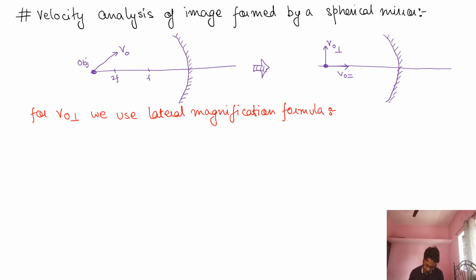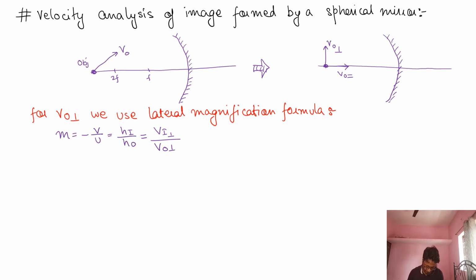So what does the lateral magnification formula say? Lateral magnification is equal to minus v by u, which is equal to height of image by height of object. Fortunately, this is also equal to the velocity of the image perpendicular to the axis divided by the velocity of the object perpendicular to the axis.